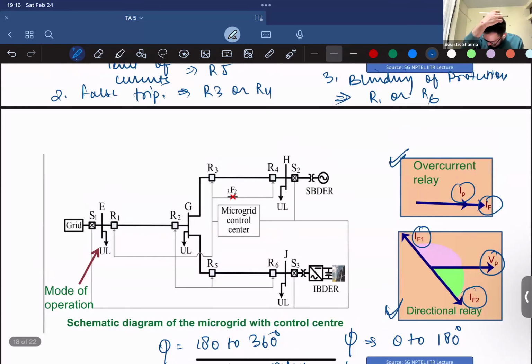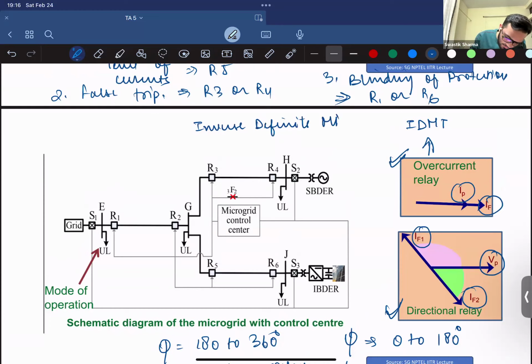And one kind of overcurrent relay is the IDMT relay, which is the inverse definite minimum time relay. So what it has is this: this is the amount of fault, let's say IF, and this is time.